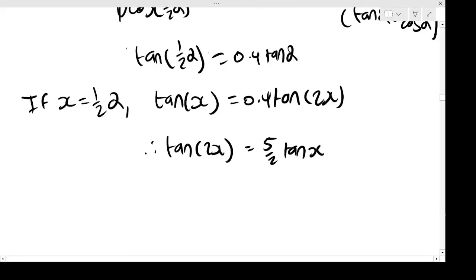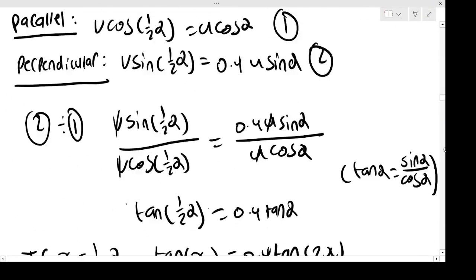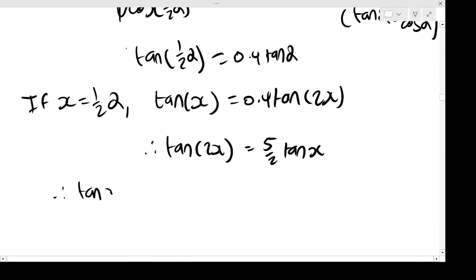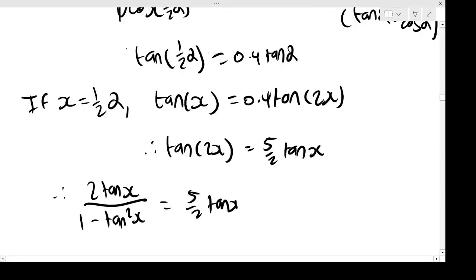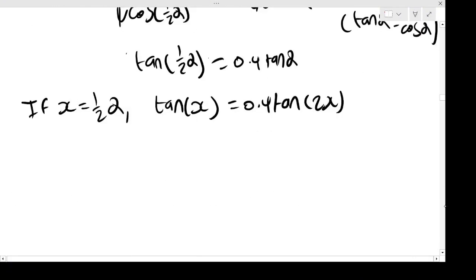Tan x plus tan x goes to 2 tan x, so that's 2 tan x over 1 minus tan squared x, and that's going to equal 5 over 2 tan x. Hopefully happy with that. I'm just using the double angle formula for tan 2x, which I've done up here.